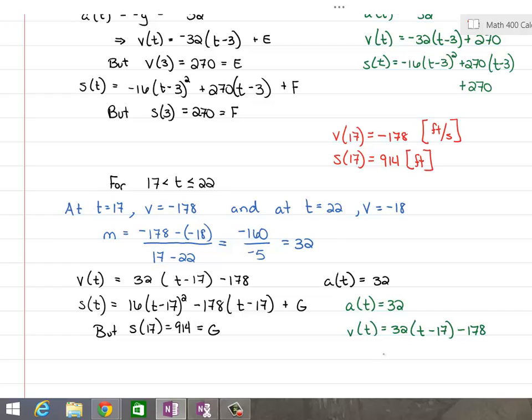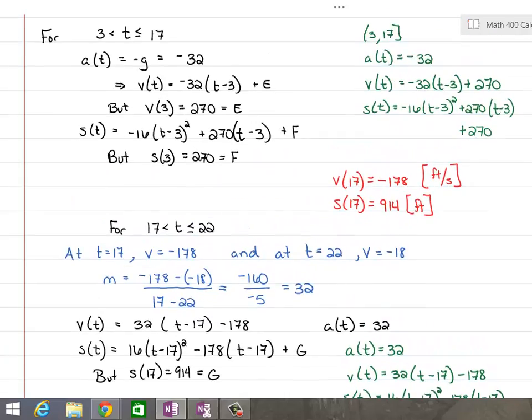And finally, the position, which is 16 (t minus 17) squared minus 178 (t minus 17) plus 914. Okay. All right. So far, so good.